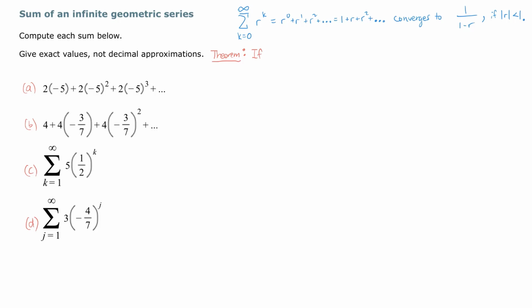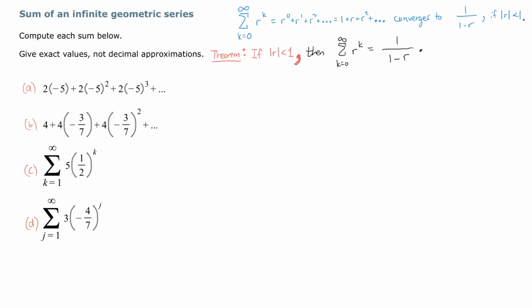If the absolute value of r is less than 1, then we make this conclusion: the geometric series r to the k, starting at k equals 0 to infinity, is simply going to be 1 over 1 minus r. And that is a beautiful sum and a rather simple formula.